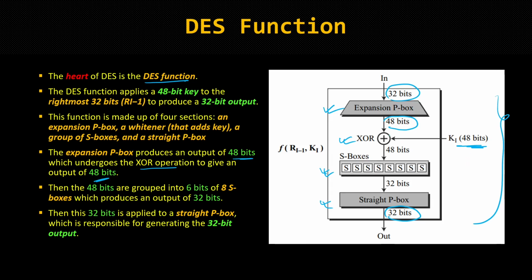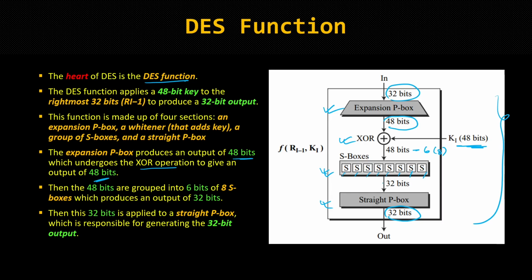After being XORed, these 48 bits are grouped into 6-bit groups for 8 S boxes. How many S boxes are here? 1, 2, 3, 4, 5, 6, 7, 8. So there are 8 S boxes, and these 48 bits are grouped into 6 bits for each of the 8 S boxes.